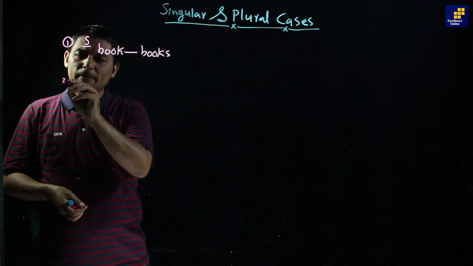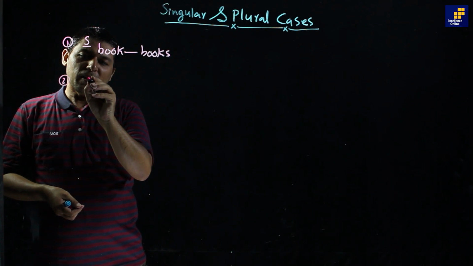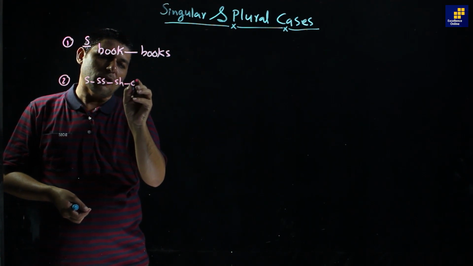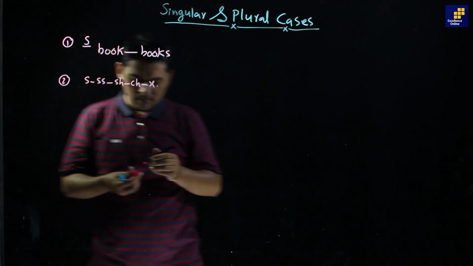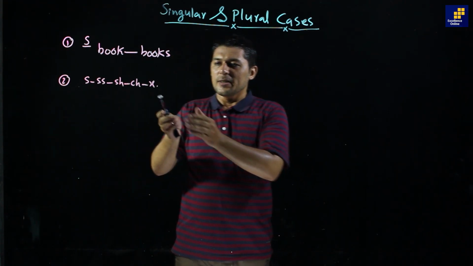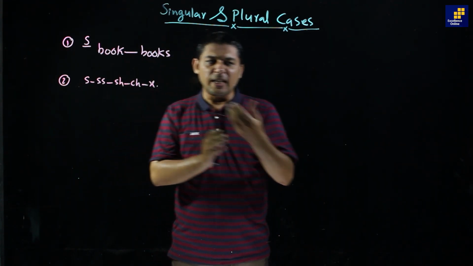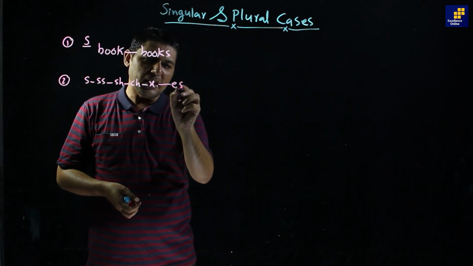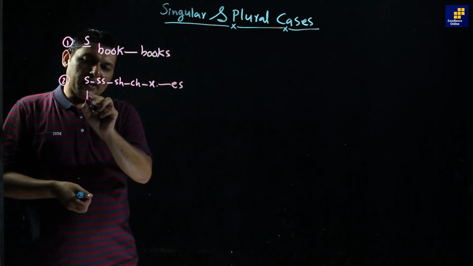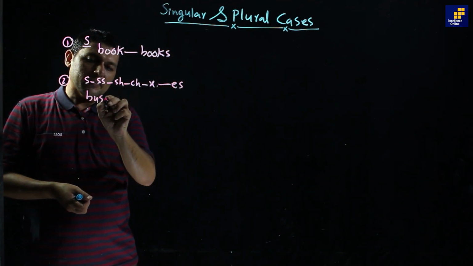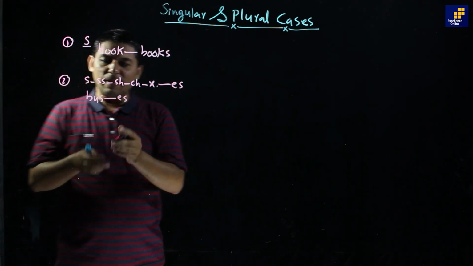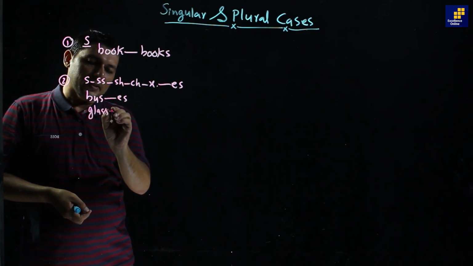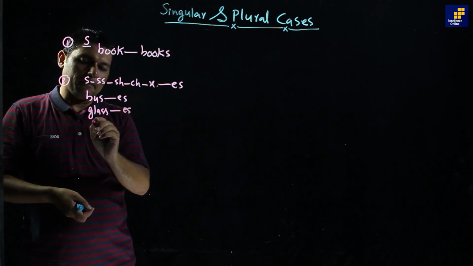Number second point: we have at the end of any noun s or ss or sh or ch or x. Those nouns take these letters at the end of them. You will add es to make them plural. We have some examples. At the end of s, we will add es. One is bus, then buses. Another example is glass, then glasses.